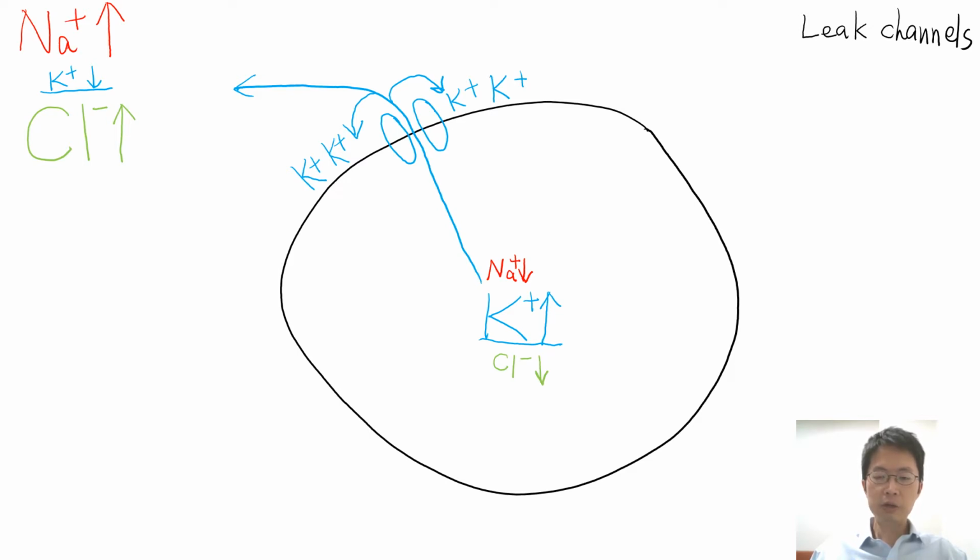Of course, this is called facilitated diffusion, but there's a better name. We say potassium is moving down its chemical gradient.